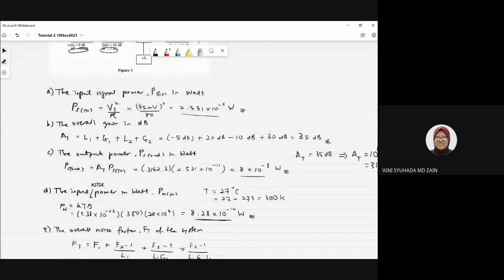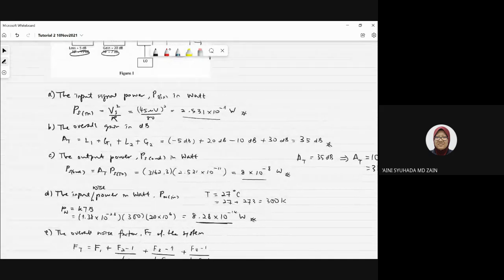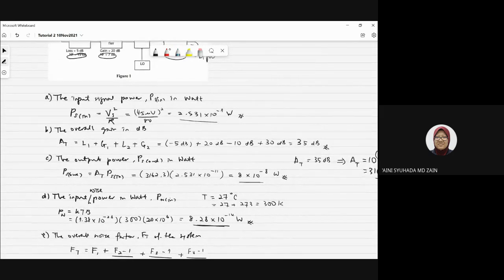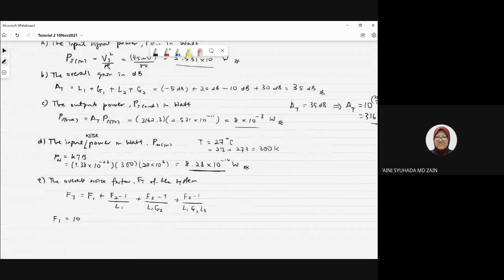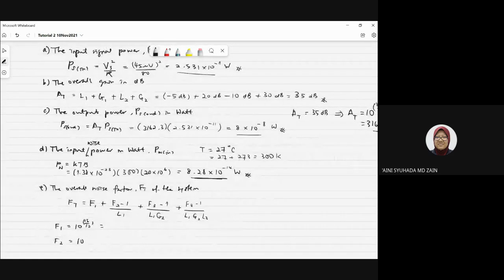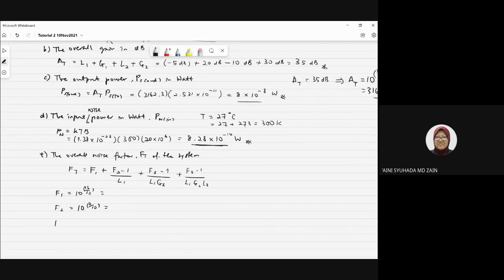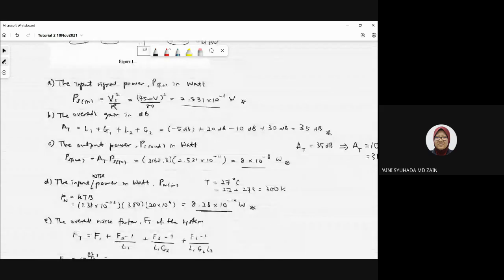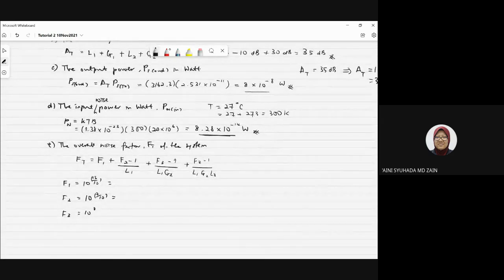So you have to convert all those dB values to the absolute value. So the first one is 15, right? So get the absolute value. F2, 7 dB. F3, 8 dB. And the last one, F4, is 12.